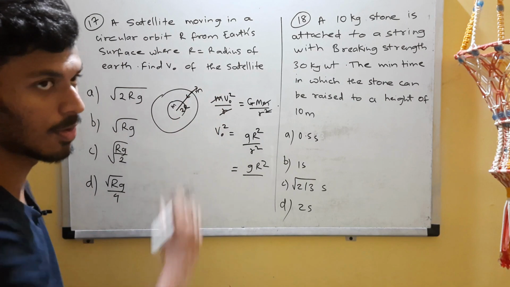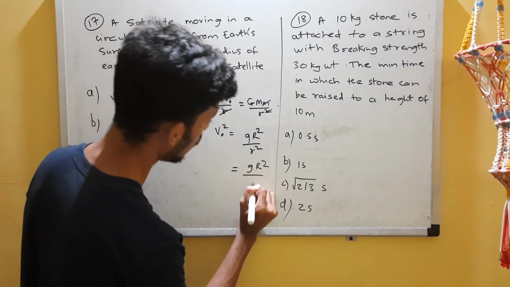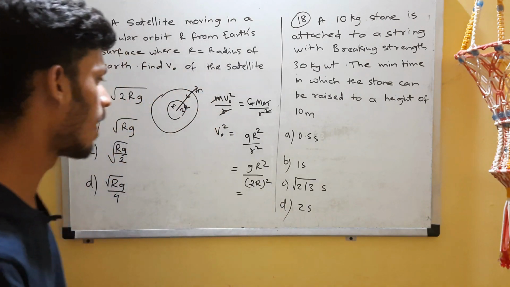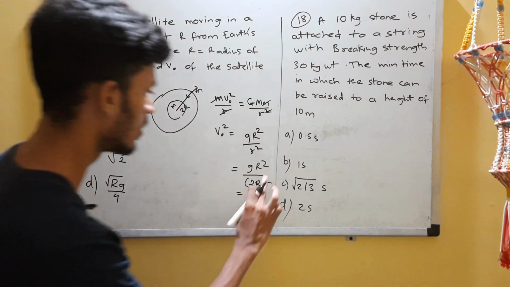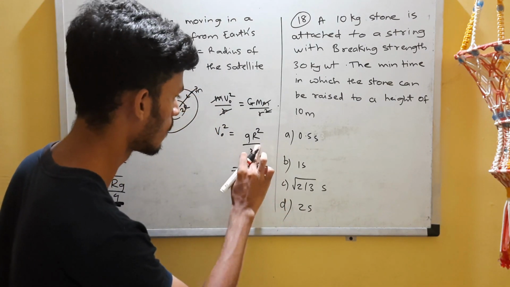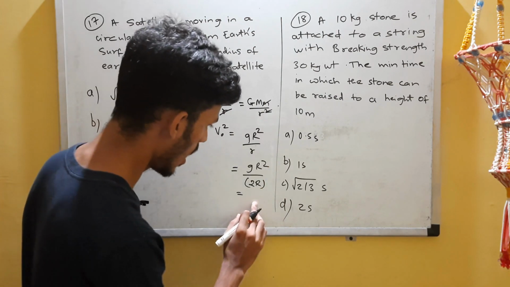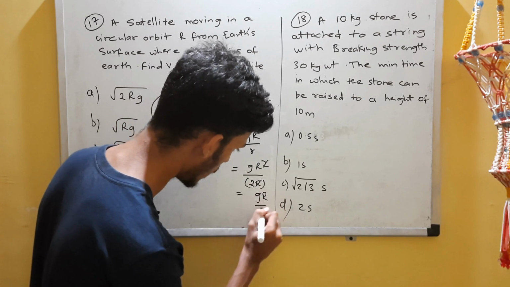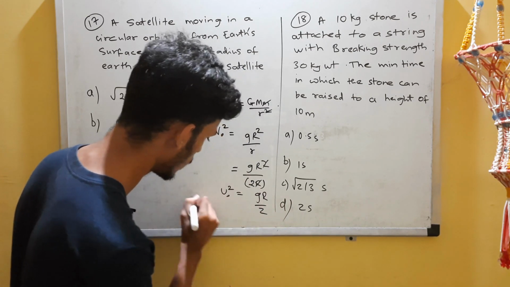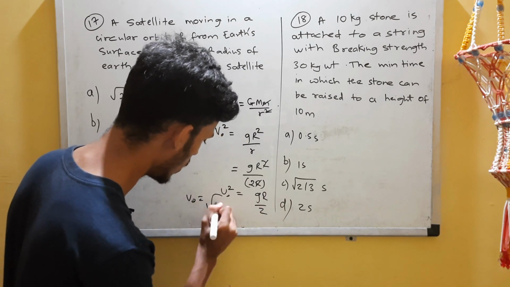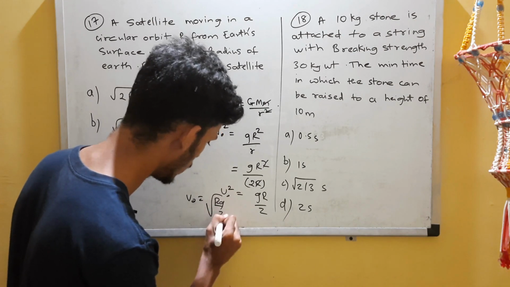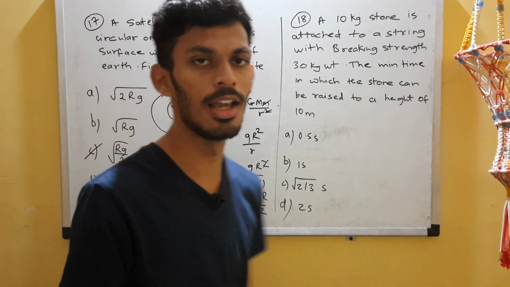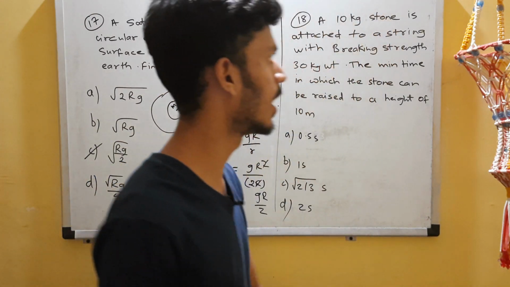Small r is the distance from the center of the earth, which is 2 times capital R. Am I missing something? This is not squared, this is just single r. So R and R will get cancelled and we'll have gR by 2, and that is v naught square. So v naught will be nothing but under root Rg by 2, which is option C. Yeah, that's correct. Option C, under root Rg by 2 is the correct choice over here.